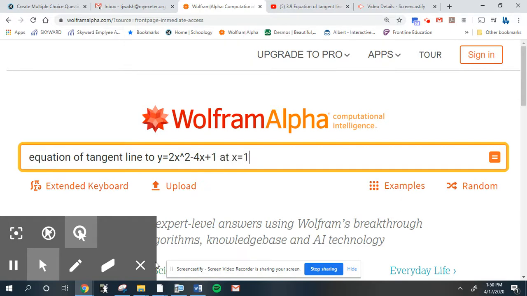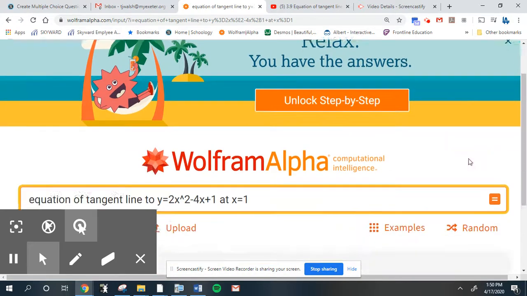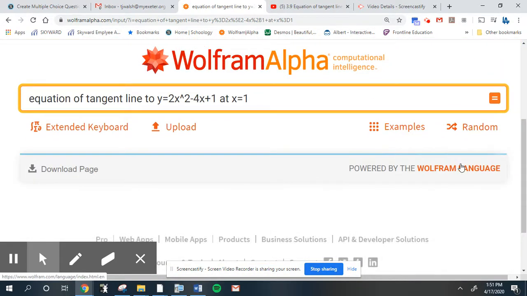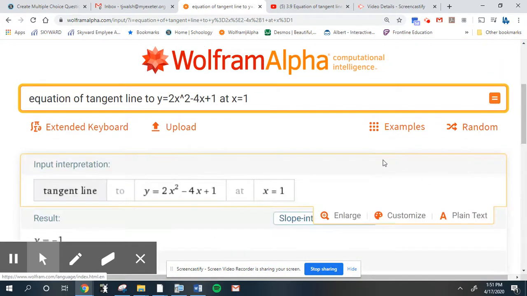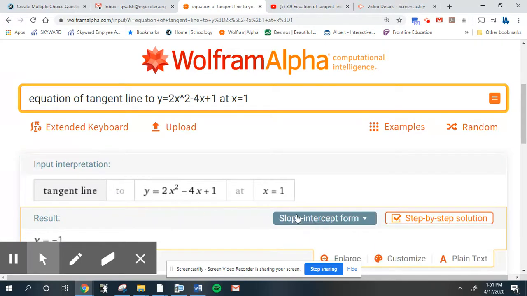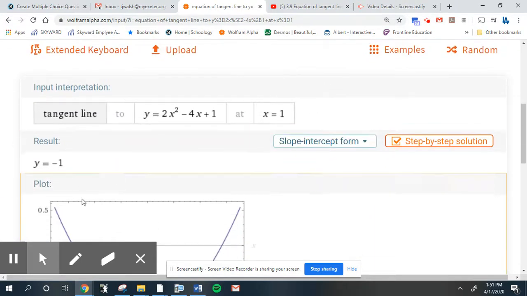And that should do it. So tangent line to this at x equals 1, result is y equals -1. That's what we've got. All right, awesome.